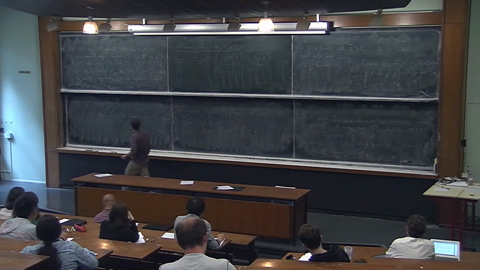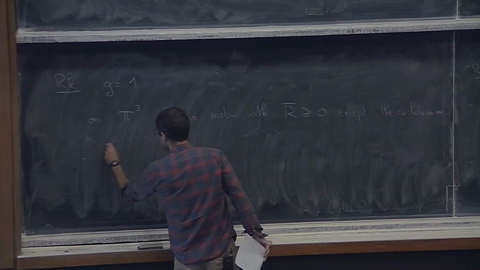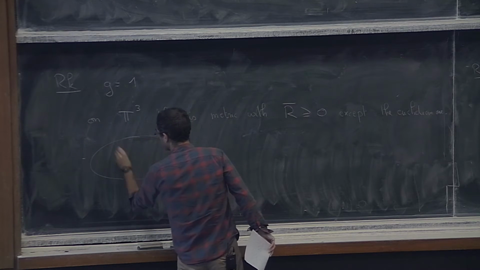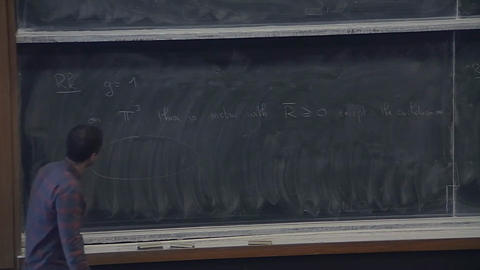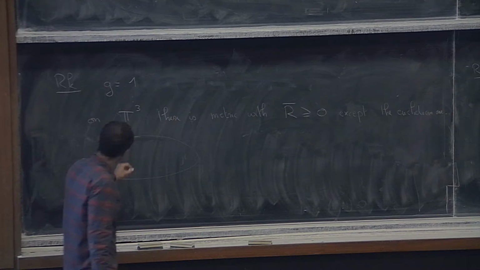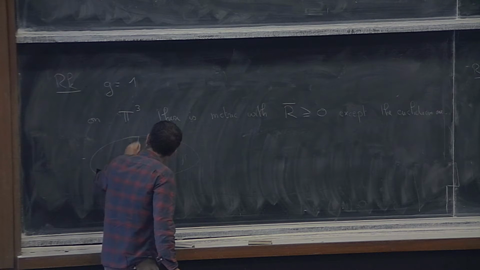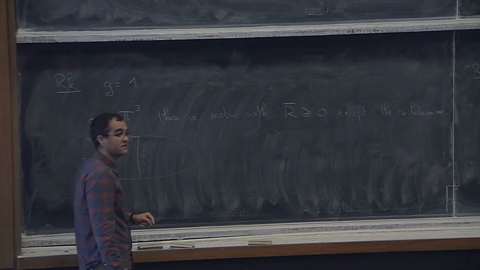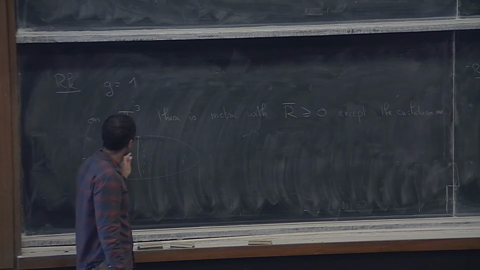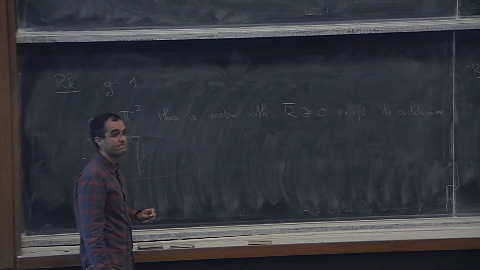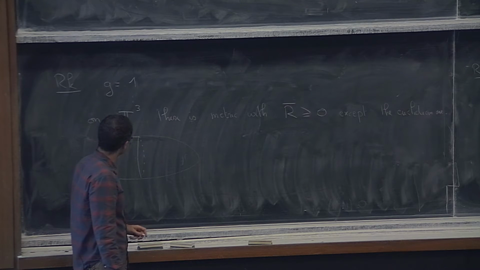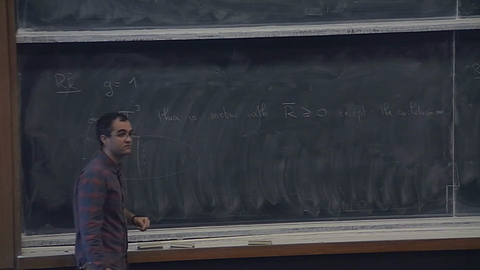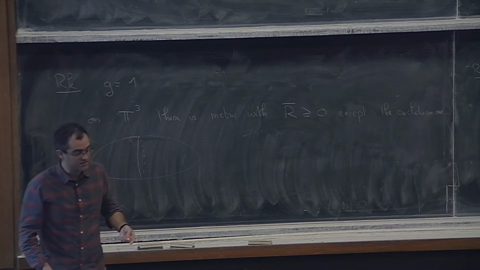You take a sphere, so 3 sphere, but you put on it a metric like this one, such that this S2 is totally geodesic. You do this by symmetry. And you assume, moreover, that the Ricci curvature in the normal direction there is equal to 0. So you can do this really easily.